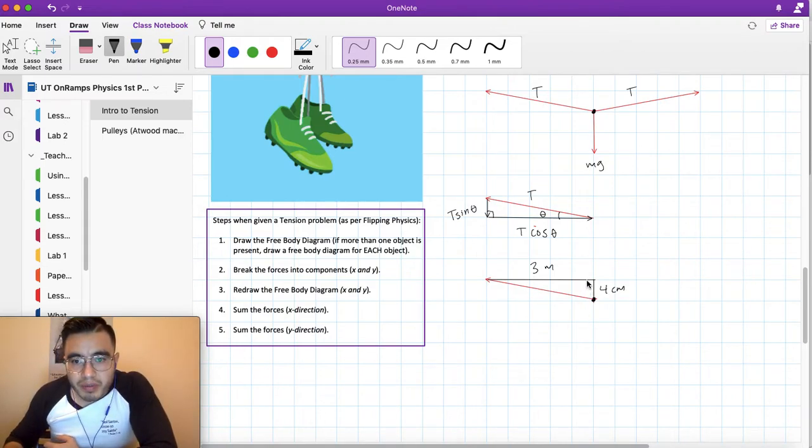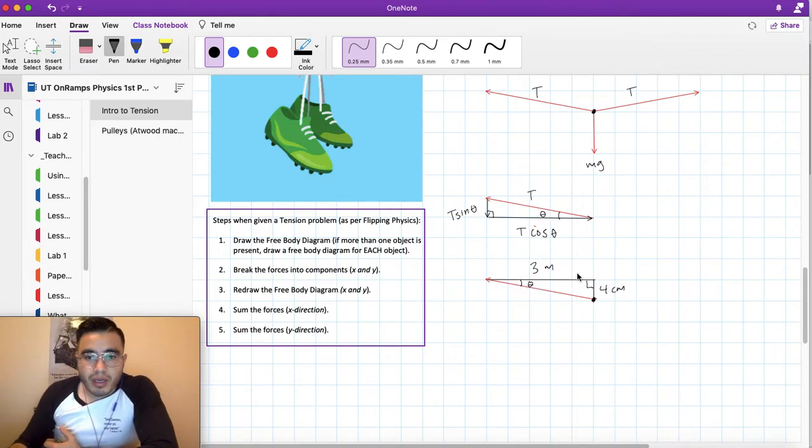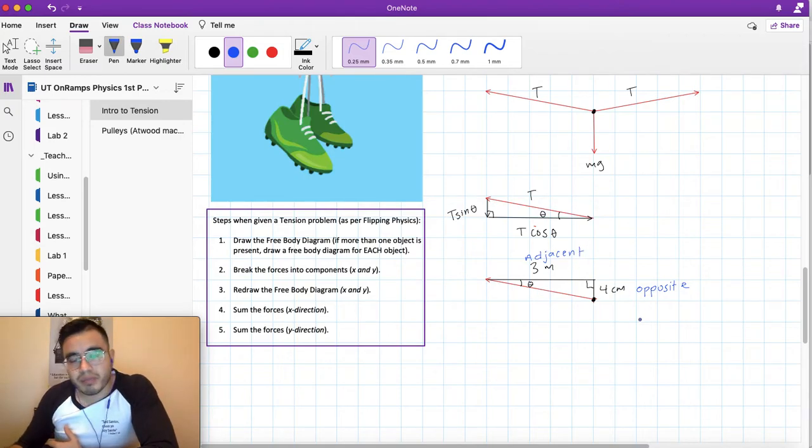Now this would be the 90-degree angle, and as per geometry, this theta corresponds to this theta over here. So now we can use SOHCAHTOA. This is the opposite side of theta. And this is the adjacent side with respect to theta.